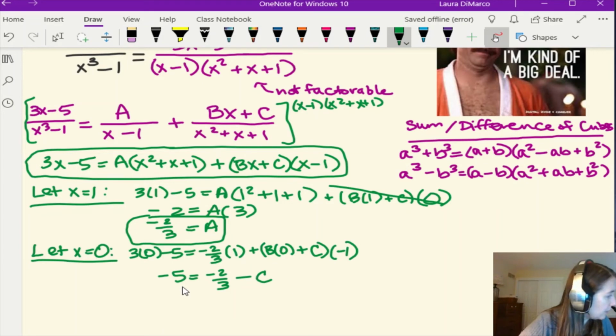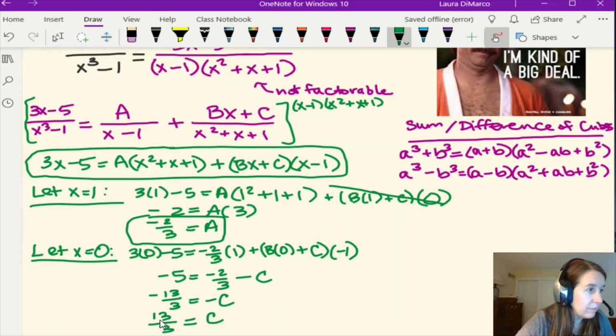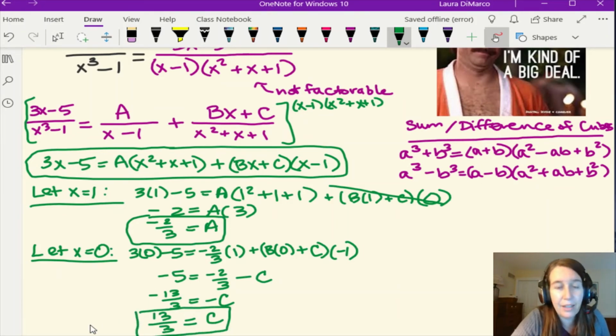I did it by hand. You can use a calculator if you want. I made this -15/3, added 2/3 to that, so I got -13/3 equals -c. So c, I know, is 13/3. These numbers are not convenient now, but they're still not that bad, and you don't have to use them all that much once you solve for them.